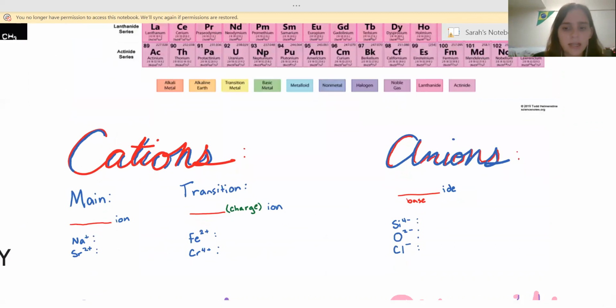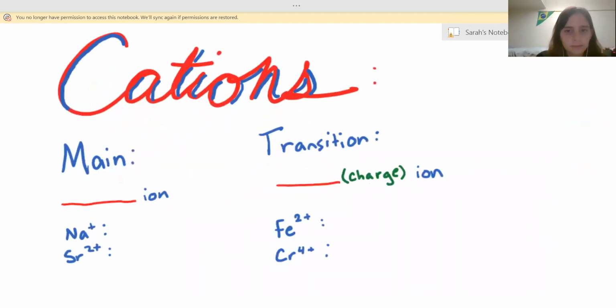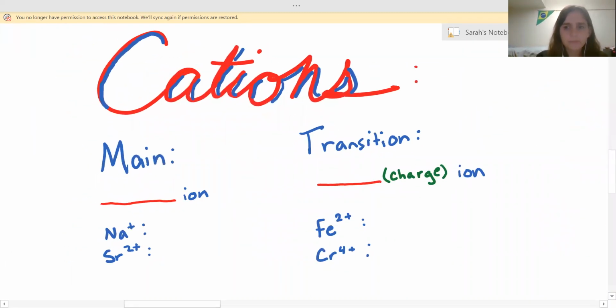Before we get into naming compounds, let's talk about naming first a single pure cation and a single pure anion. Let's start with cations. Like I said, there are 2 different types of cations, main group cations and transition cations, and they each have similar but slightly different rules.